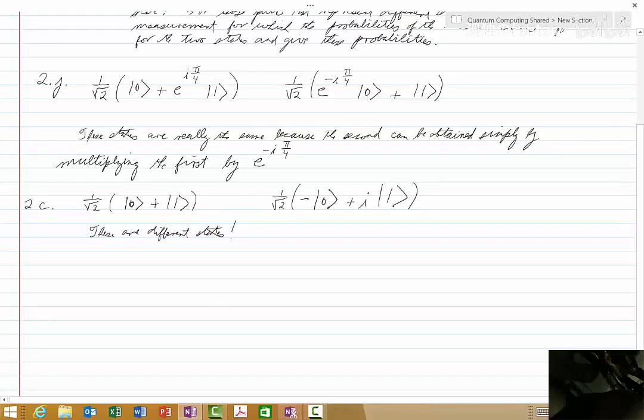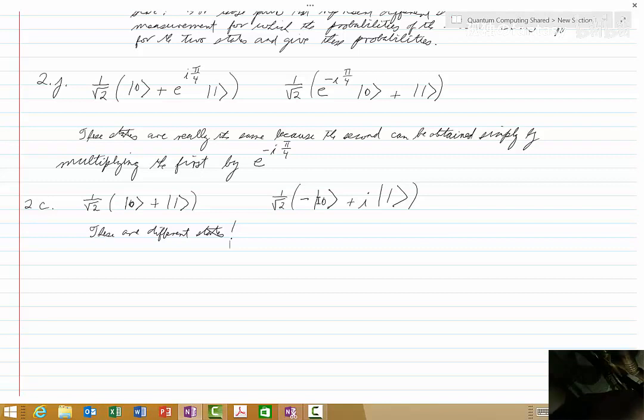And we can see that because there's no scalar by which we can multiply the first state to obtain the second state. The 0 ket part has been multiplied by -1, but the 1 ket part has been multiplied by i. And so since the two parts have been multiplied by different scalars, these two states are not the same.